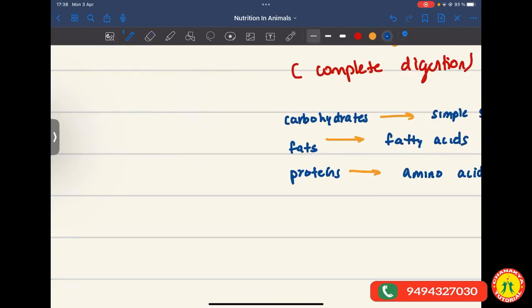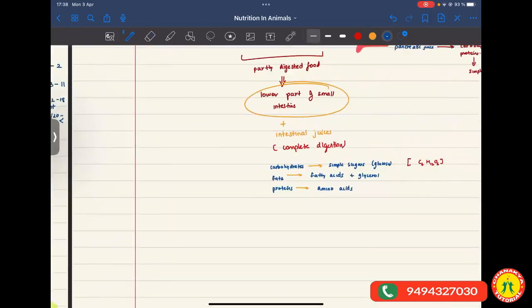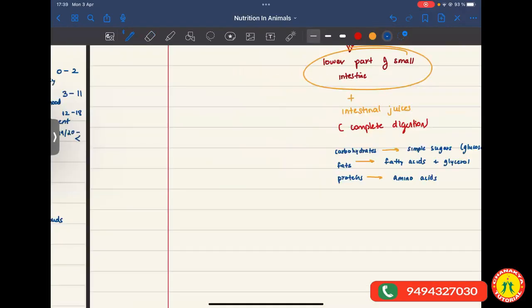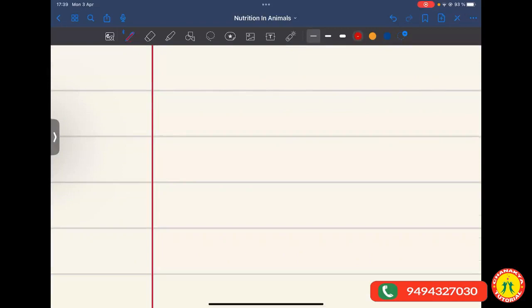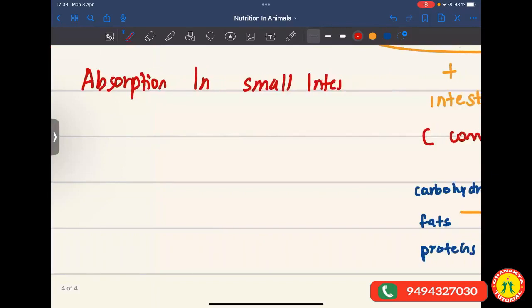All right. So now we're going to see how the food is being absorbed. So how does the absorption take place in the small intestine?